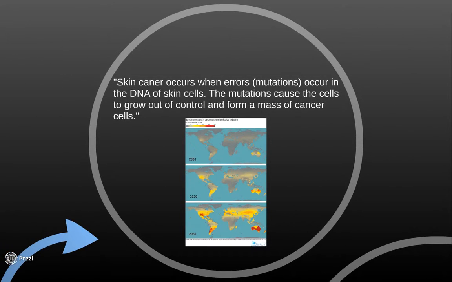Skin cancer can be defined as when errors or mutations occur in the DNA of skin cells. The mutations cause the cells to grow out of control and form a mass of cancer cells. The damage to DNA is mainly the result of ultraviolet radiation from the sun and tanning beds.